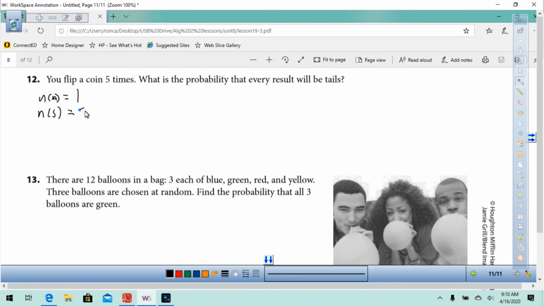That's going to be 2 to the 5th power, which I believe is 32. So the probability of getting tails 5 times in a row is 1 over 32. Now, that doesn't really tell me a whole lot because my brain's just not figured.